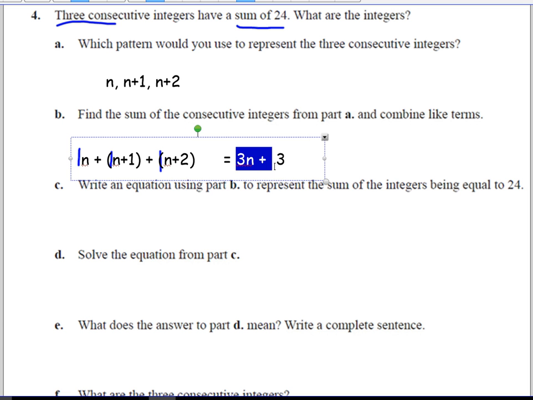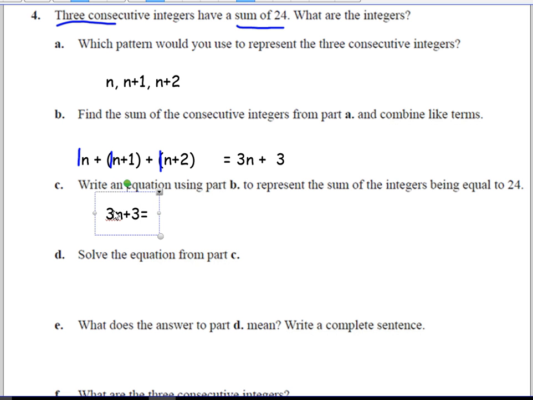So 3n plus 3 is the simplified form where we combine like terms. And now we're to write an equation with that using the fact that the sum has to equal 24. So our 3n plus 3 needs to equal 24.